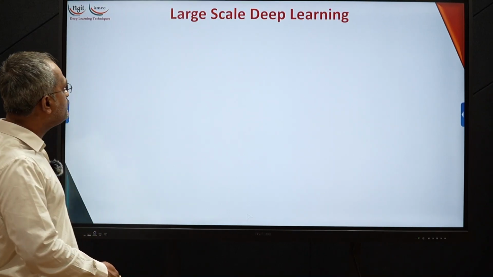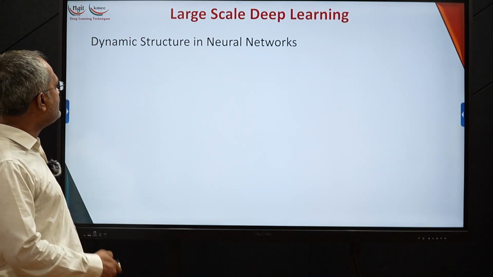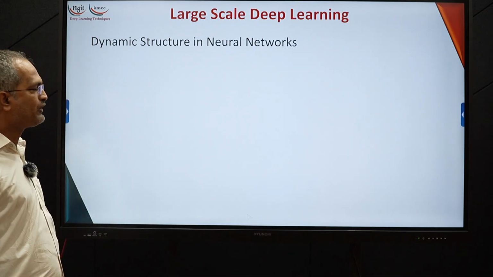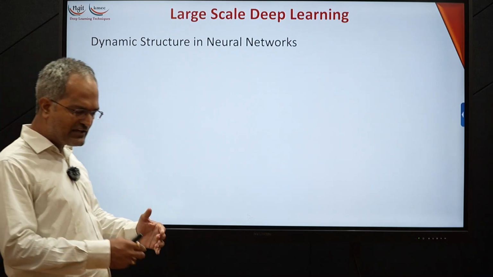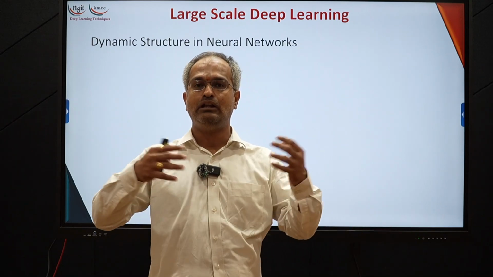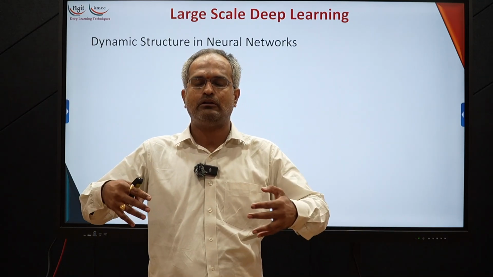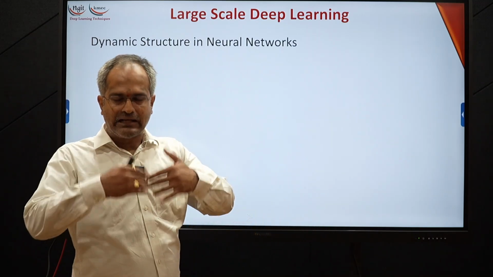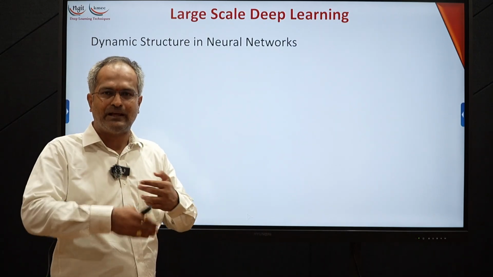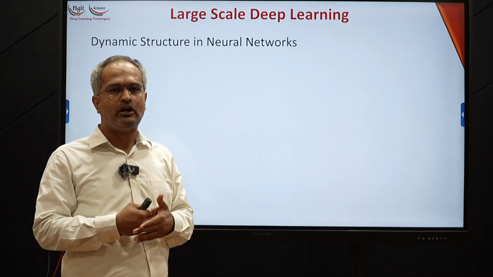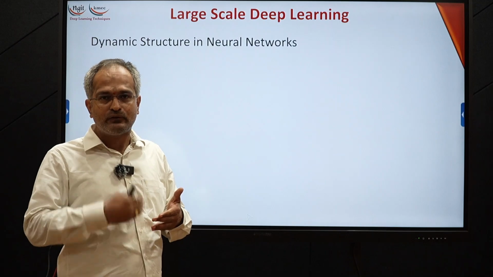Now, one more concept is the dynamic structure in neural networks. If you have a large amount of data and a large, very complex model, how can we reduce it? If you can reduce the data or the complexity, how can you reduce the complexity?